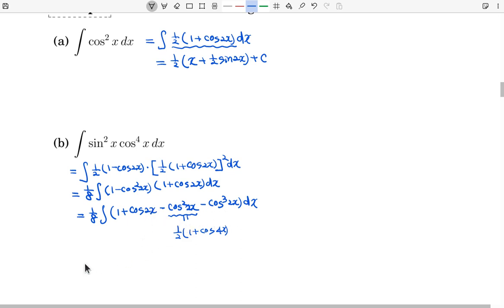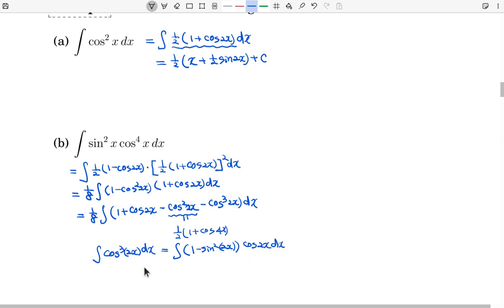Now for that one, we'll focus on the term, the integral of cosine third power of 2x. Again, we put aside one cosine, and cosine squared we change into 1 minus sine squared. So that is the same as 1 minus sine squared 2x, and then cosine 2x dx, right?